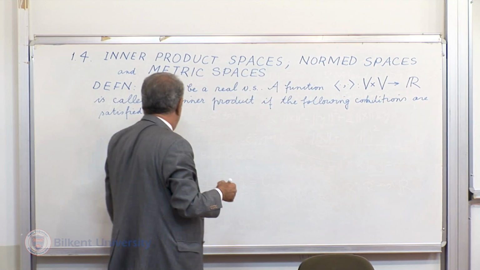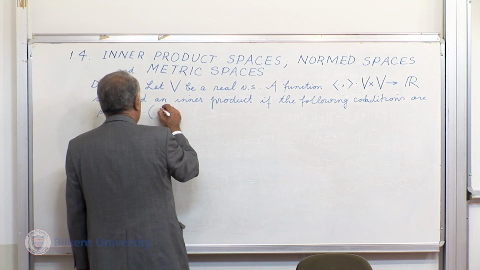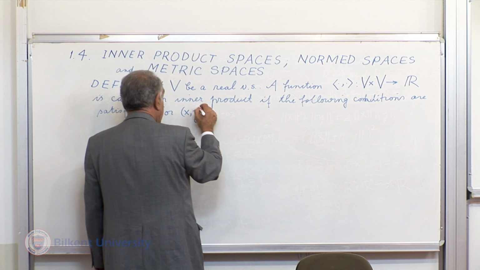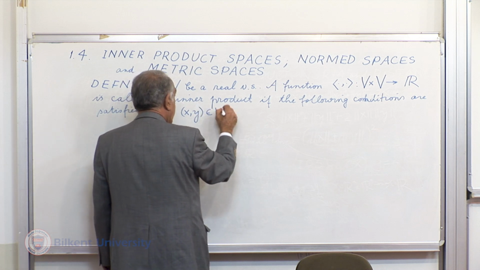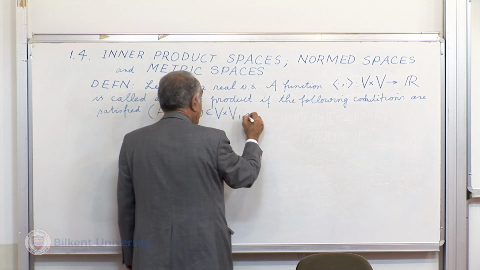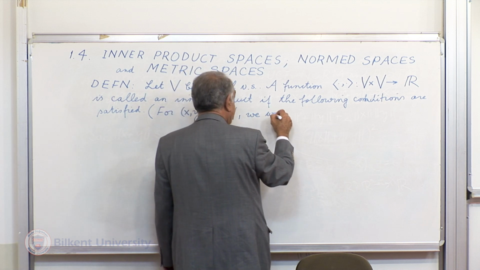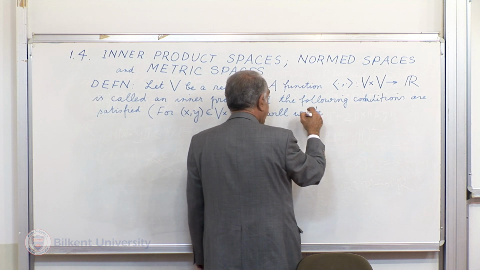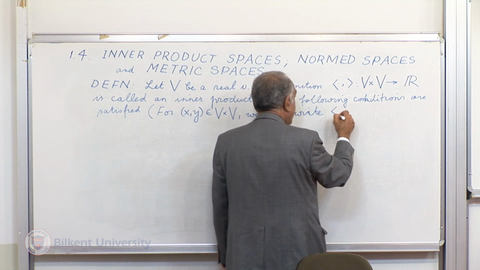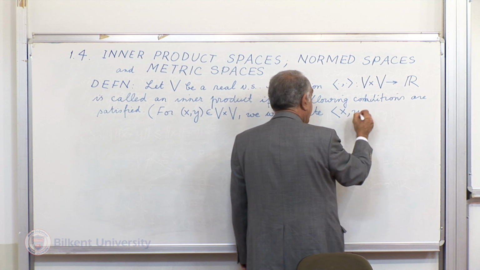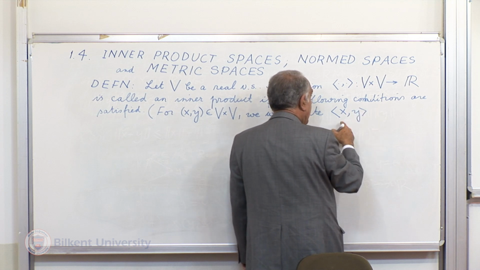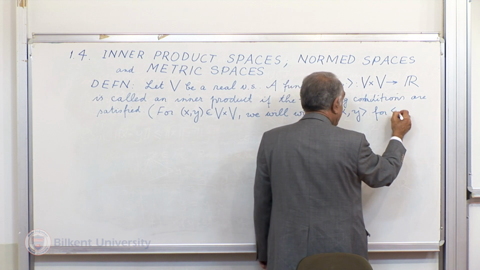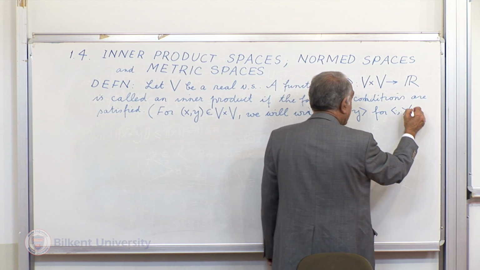But instead of that, for xy in V cross V, we will write this brackets xy for this functional notation.